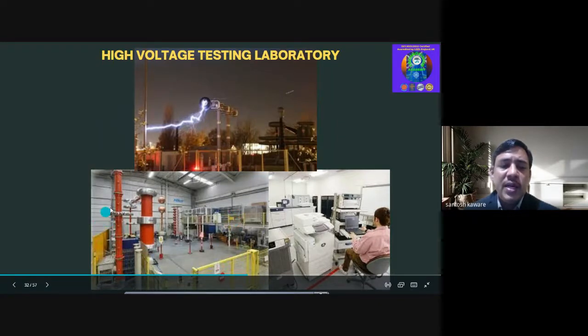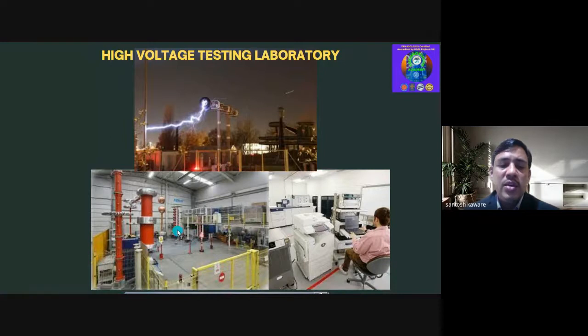So such a Faraday's cage arrangement is provided here. Also, we have different types of test equipments which are used. To test the performance of any equipment, we have to design such an arrangement so that you put your equipment and you can test it as if it is in the system or in operation.